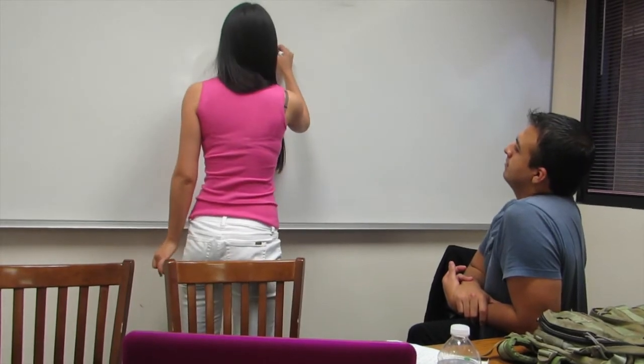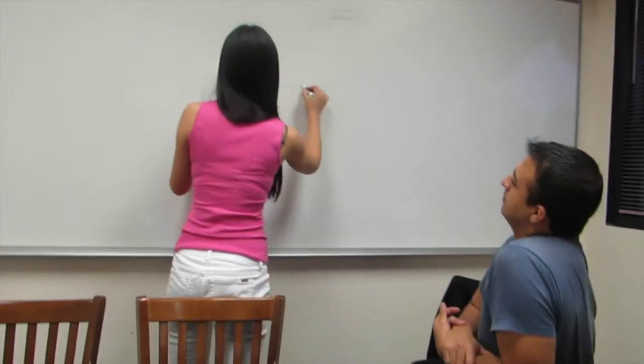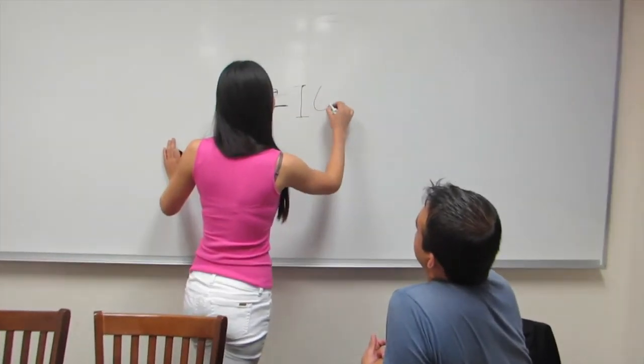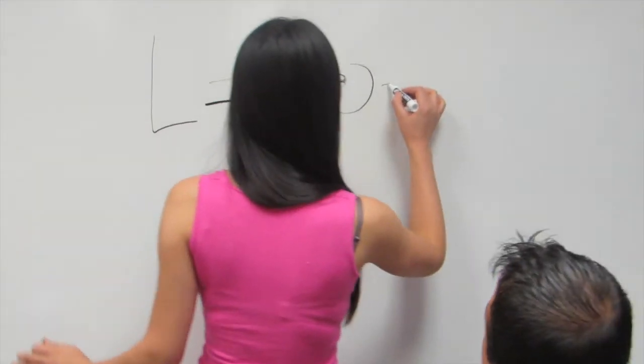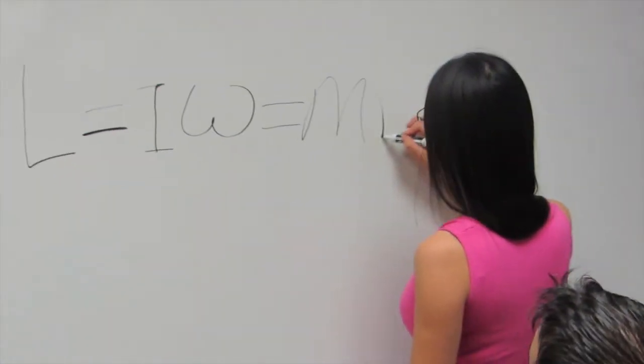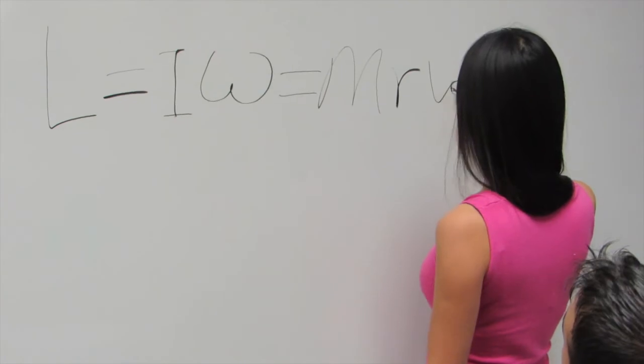Angular momentum we take as L, so angular momentum is equal to inertia times omega. It's the same thing as mass times radius times the velocity.